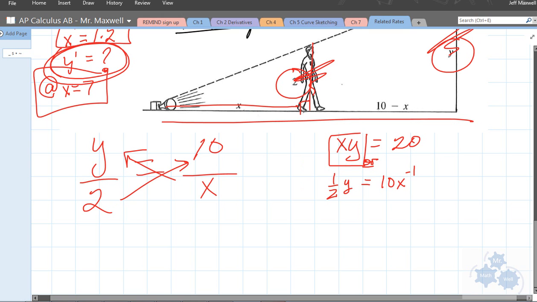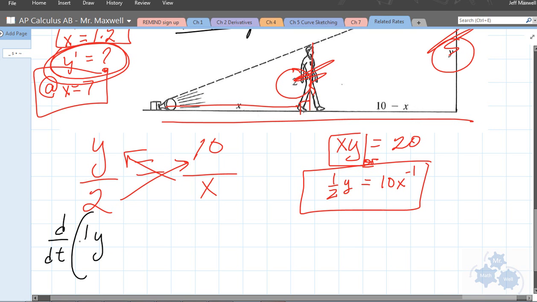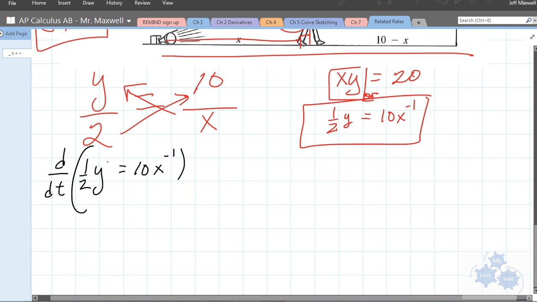But let's say we did that one. So what is the derivative here? In this case, the derivative of this side with respect to time, of 1/2 y equals 10 times x to the negative 1. Well, what's the derivative of 1/2 y?